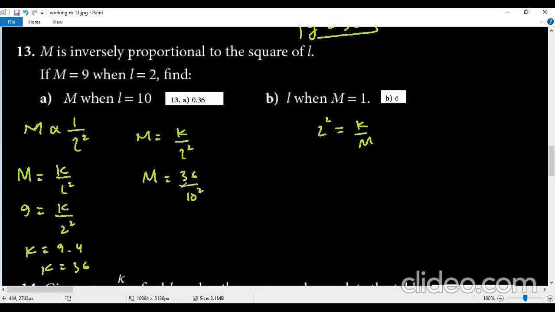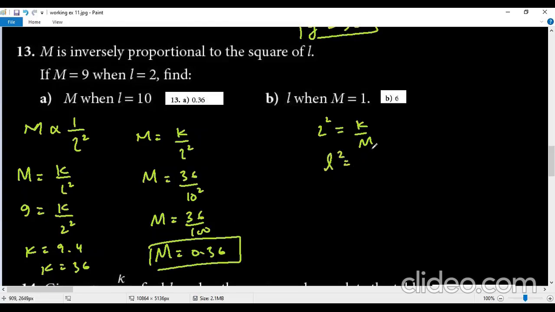That means M is equal to 36 over 100. That means M is equal to 0.36. This is going to be your answer. When it comes to L square, k is 36, M is 1. That means L square equals 36. So L is equal to 6.